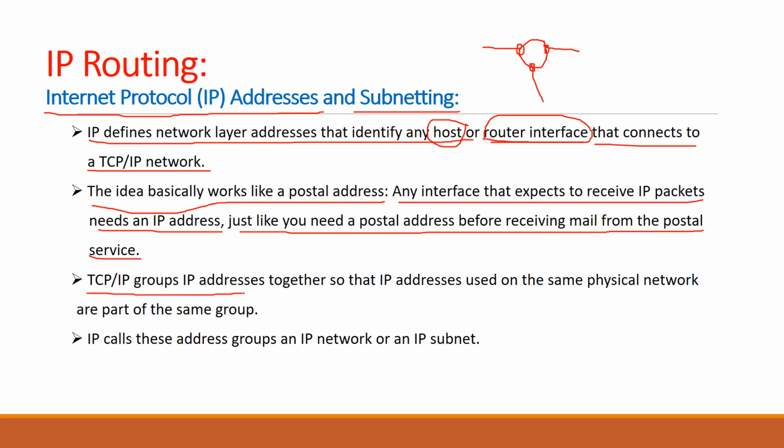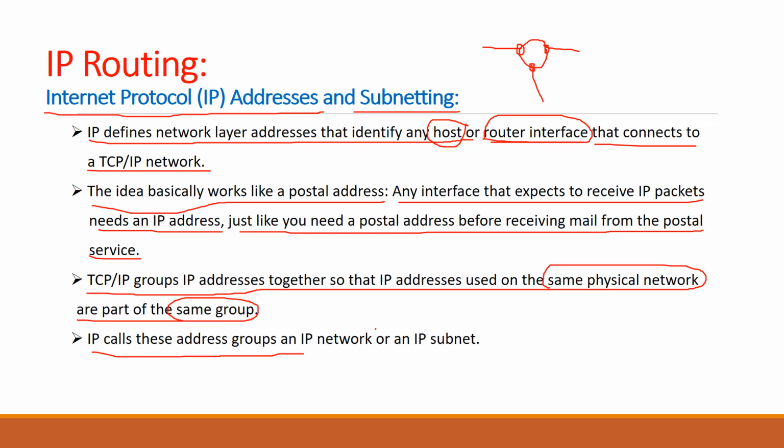TCP/IP groups IP addresses together so that IP addresses used on the same physical network are part of the same group. IP calls these address groups an IP network or an IP subnet.